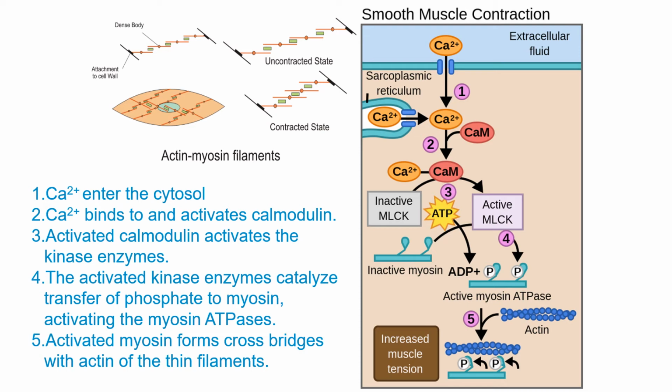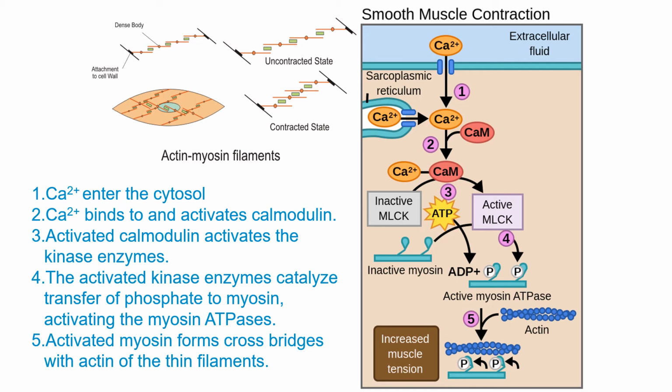The activated calmodulin activates the kinase enzyme, and this kinase enzyme is called myosin light chain kinase, or MLCK. The activated kinase enzyme catalyzes the transfer of phosphate to myosin, activating the myosin ATPase.